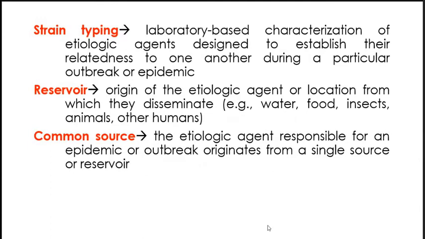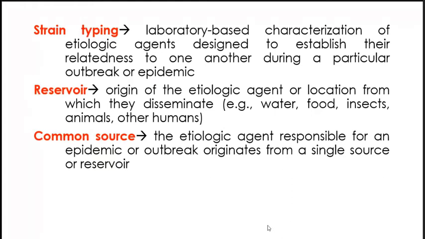We have here strain typing, we have your reservoir and the common source. Yung strain typing, these are laboratory-based characterization of etiologic agents designed to establish their relatedness to one another during a particular outbreak or epidemic. Whereas your reservoir, origin of the etiologic agent or location from which they disseminate. So, dito muna nag-i-stay yung inyong etiologic agent.